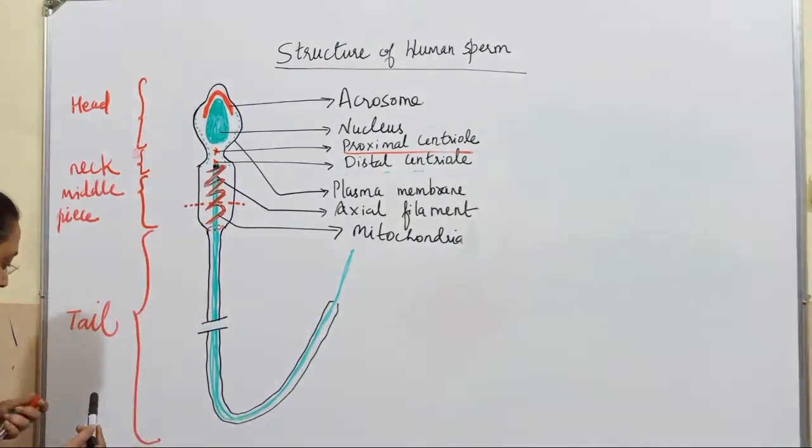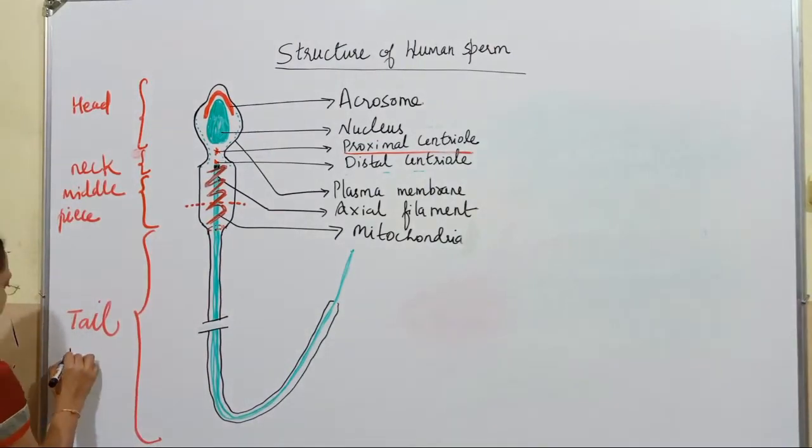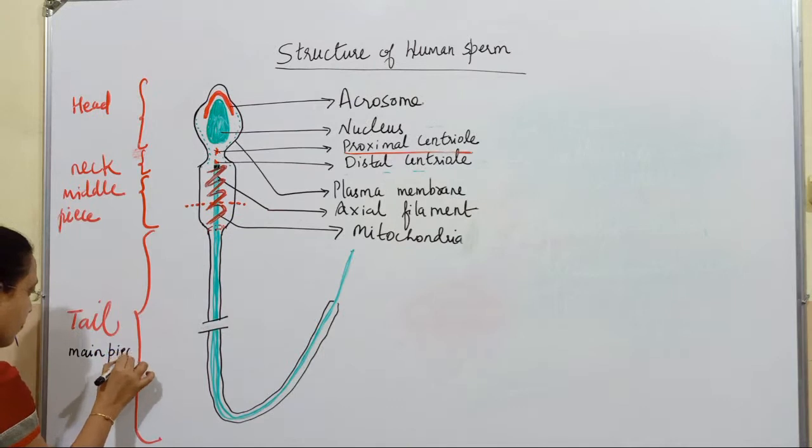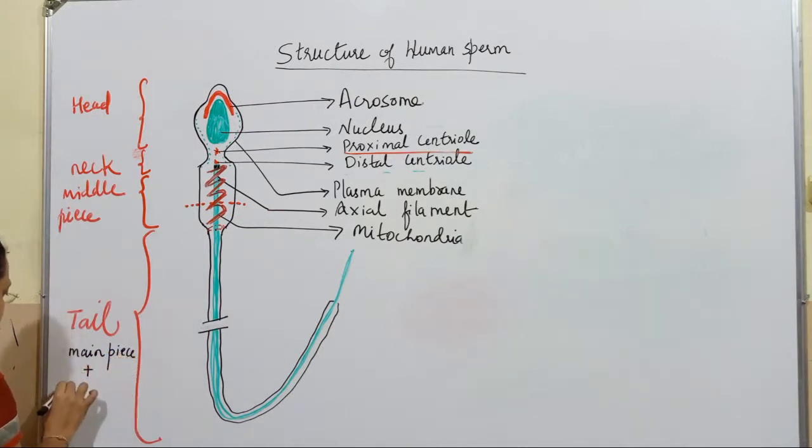So the tail is further divided into main piece plus end piece. These two are the divisions of the tail.